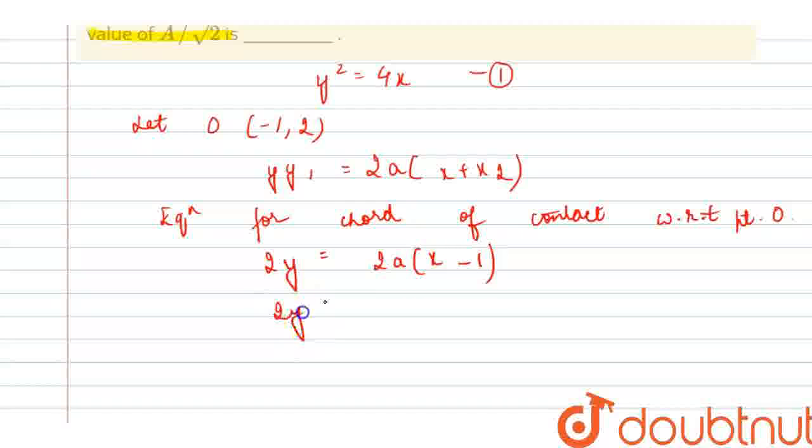Solving it further, I get 2y is equal to 2ax minus 2a. Now dividing the whole equation by 2, I get y is equal to ax minus a.